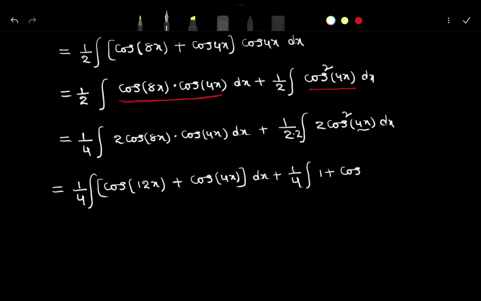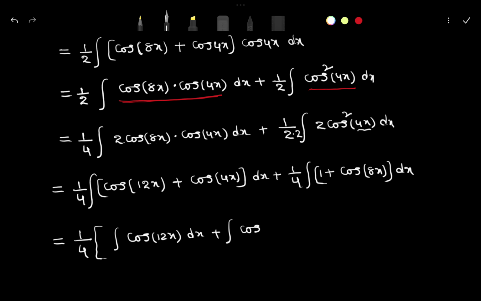What is theta here? It is 4x, so it will be 8x, dx. Now you can take 1/4 common throughout: 1/4 into the integration of cos 12x dx plus the integration of cos 8x dx plus the integration of cos 4x dx plus the integration of 1 dx.